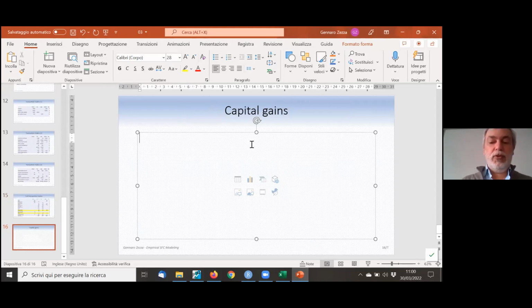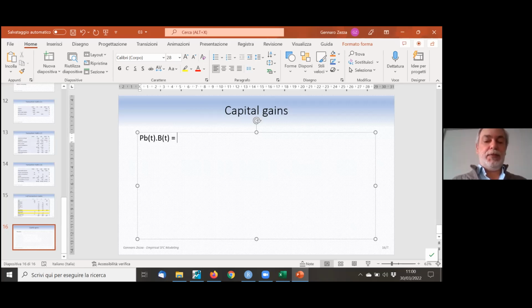So what I'm doing is I have a price of bonds multiplied by the value of bonds, and this is what is published in the balance sheet.